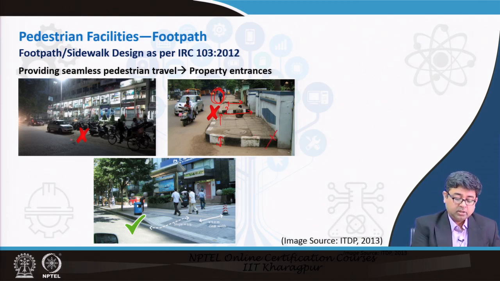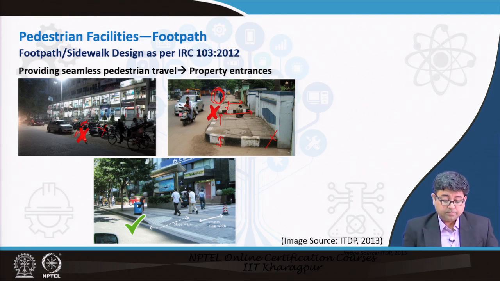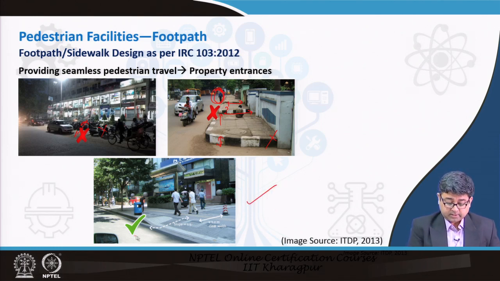Here again a lot of parking on the footpath, right. Although there is a wide footpath here, it is completely encroached upon by parked vehicles. So, this is the proper design for property entrances. From the pavement, from the right of way, you have an upslope in the furniture zone, and then there is a clear pedestrian zone.